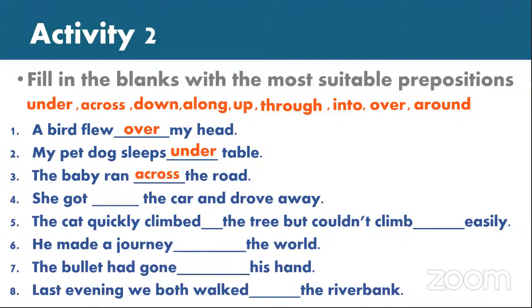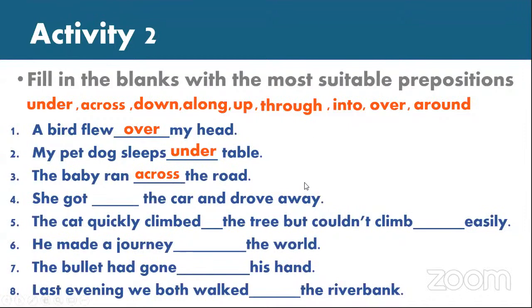So there might be a sentence which doesn't suit this given, that means across. So there you have to change it. Be careful when you select the most suitable preposition, because you have to select the correct one from the given words, right?